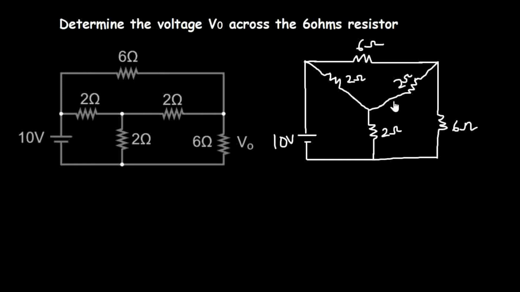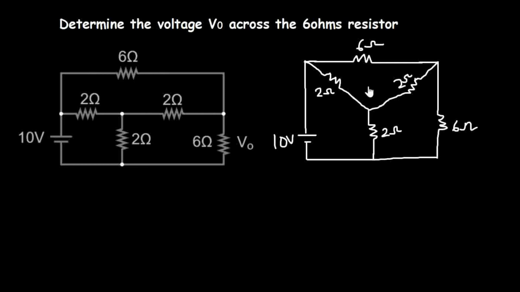So you see that I've redrawn the circuit in a very simple way. Now let's look at what you are going to do here. Let me write these 2 ohms here outside. So I have the 2 ohms here.